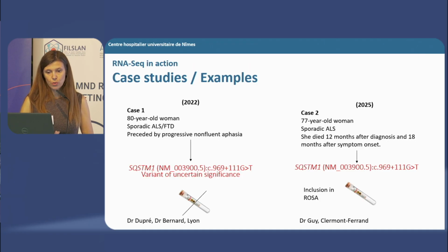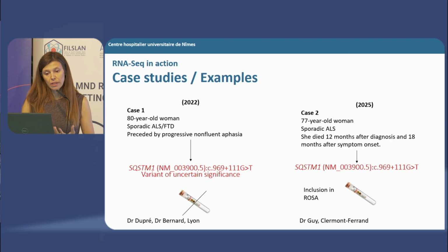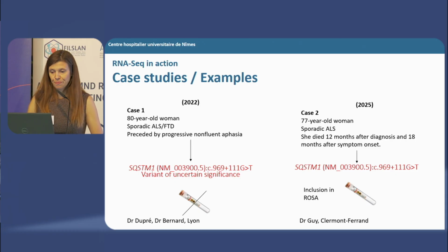Another example: in 2022, we identified a deep intronic variant in SQSTM1 in a patient followed by Dr. Debré and Dr. Bernard in Lyon. At that time, the ROSA project had not started, and we were stuck in the class 3 category. The variant was of uncertain significance.